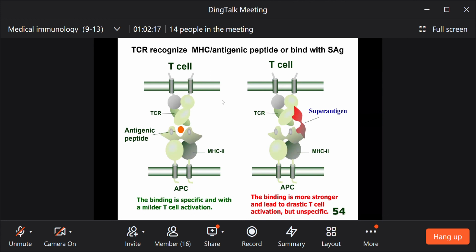If our body gets those proteins, they will act like superantigens and bring very harmful effects to our body. So the superantigen is not a good thing for our body.